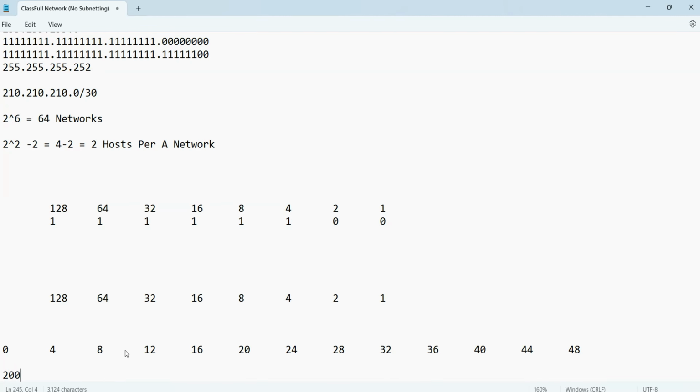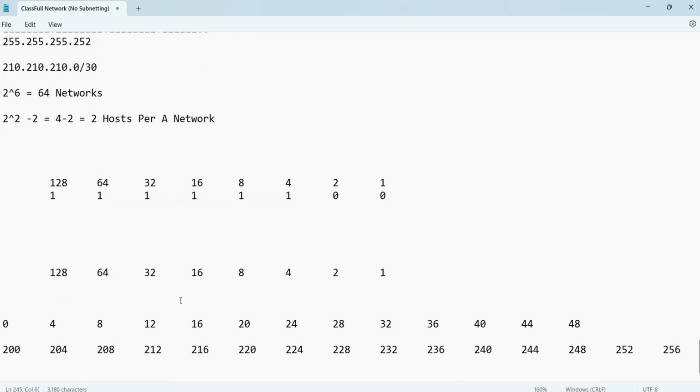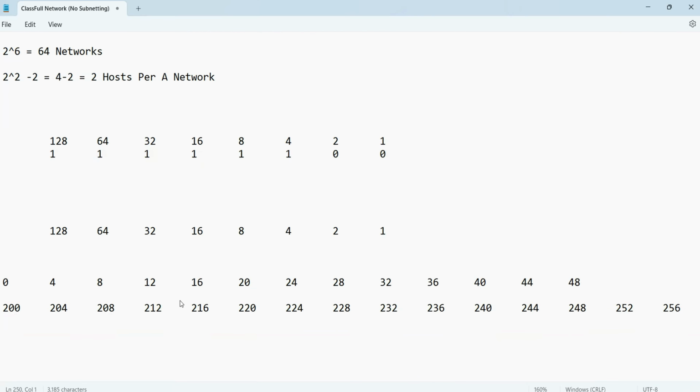It's going to eventually reach 200, then 204, 208, 212, 216, 220, 224, 228, 232, 236, 240, 244, 248, 252, 256. So I did the work correctly because I'm ending with 256. All these are networks. Remember, I skipped from 48 and jumped all the way to 200, just multiplied 4 times 50.